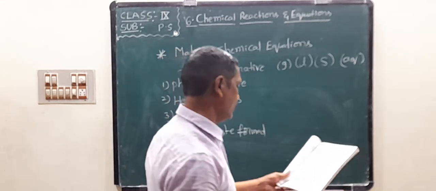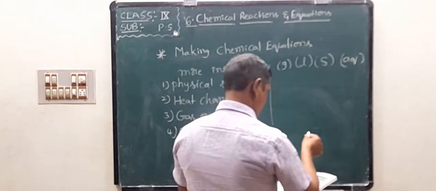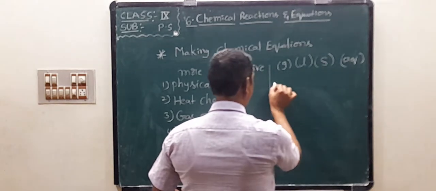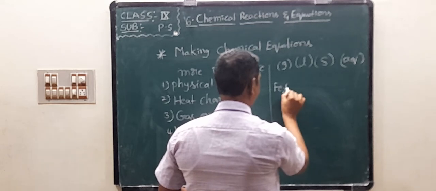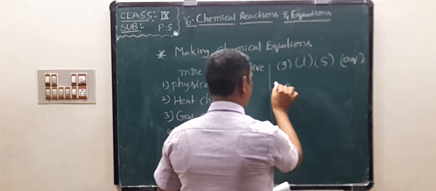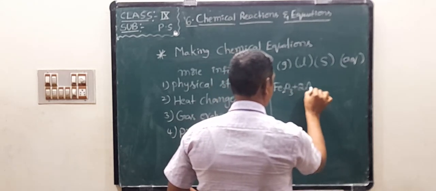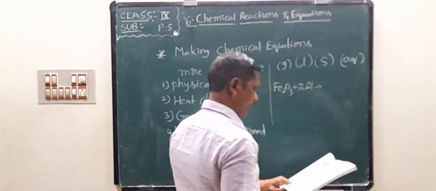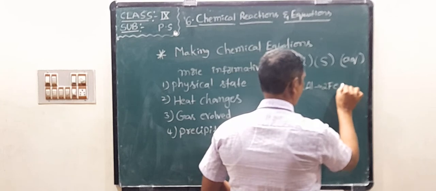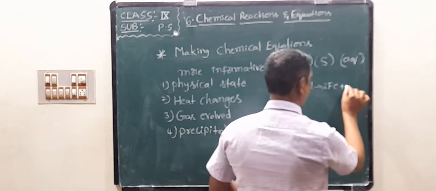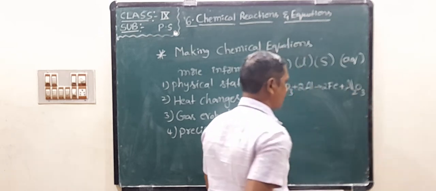This is the balanced chemical equation. For example, Fe2O3, iron trioxide, plus 2Al gives 2Fe plus Al2O3, aluminum trioxide.